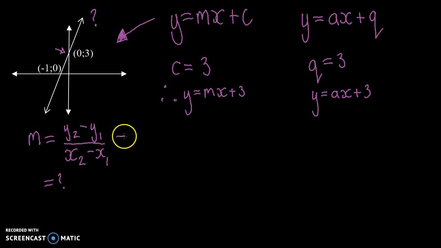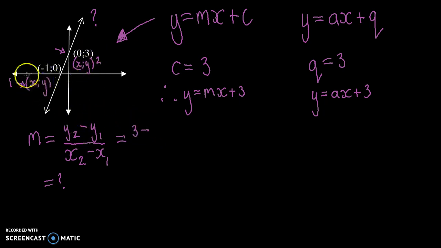So I'm going to substitute in y2. Let's just call this point 2, and there's my x value, there's my y value, and we'll call this one point 1. So my y value for point 2 is going to be 3.